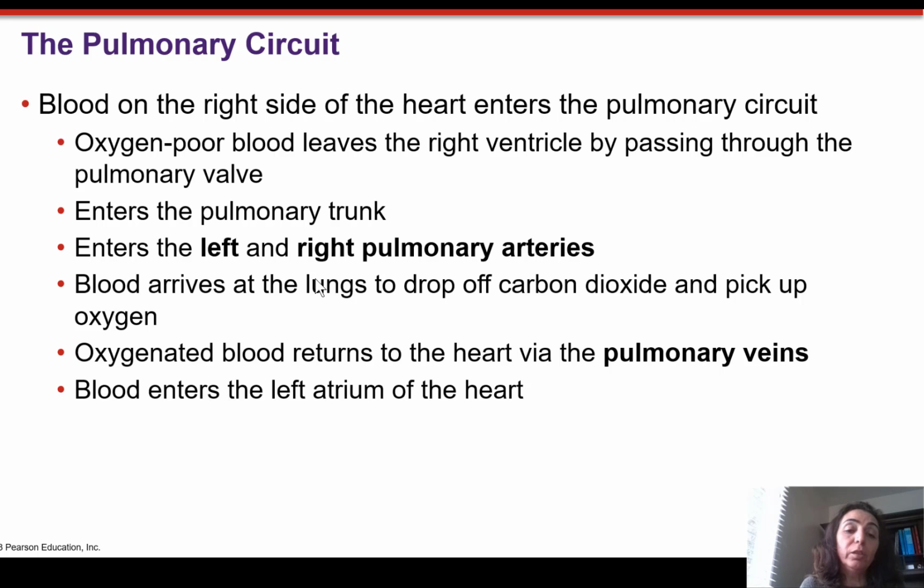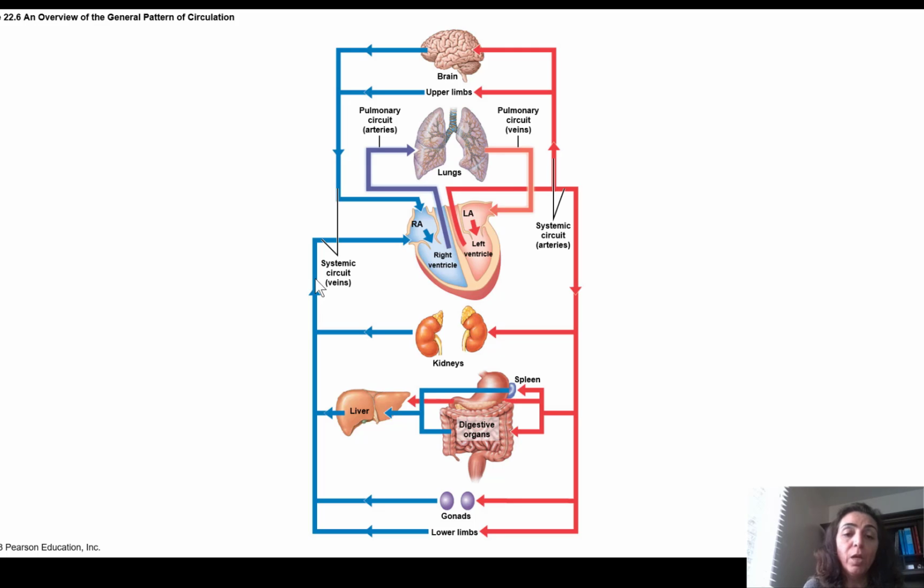Then oxygenated blood enters the heart via the pulmonary veins, the four pulmonary veins, two from each side, and all four pulmonary veins enter the left atrium of the heart. So that's the pulmonary circulation and its function, right?